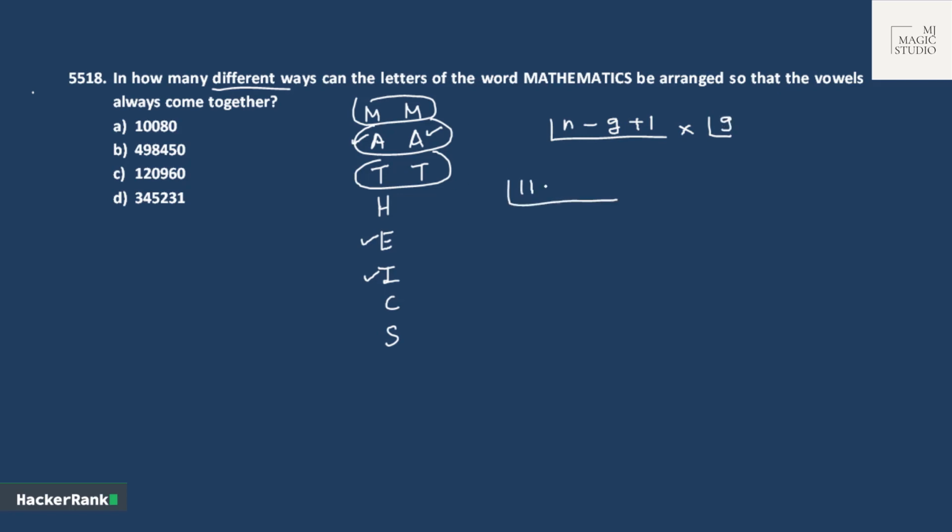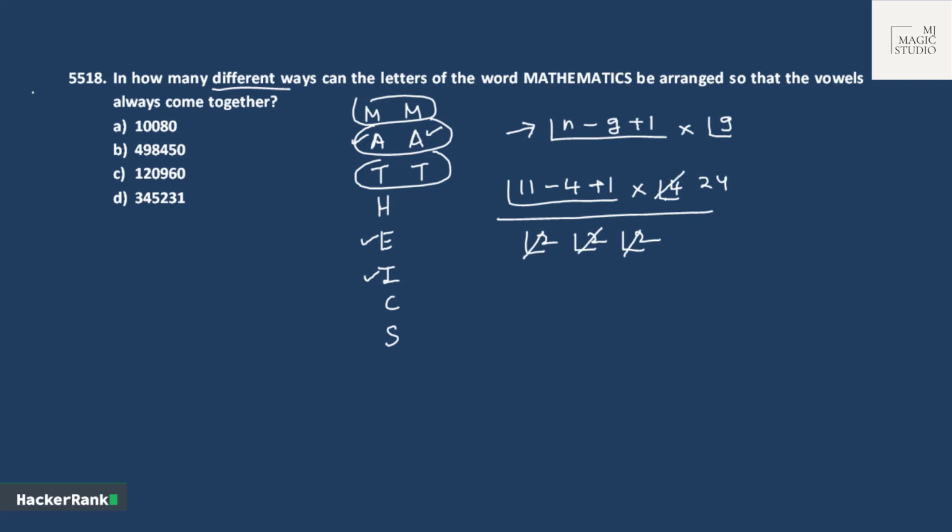So here n is 11, g is 4, the number of vowels, so factorial (11 minus 4 plus 1) into factorial 4. Now we need to divide this by factorial 2, factorial 2, factorial 2, because 2 M's, 2 A's and 2 T's are there. This is the discounting concept. This is the grouping effect. Please keep this in mind.